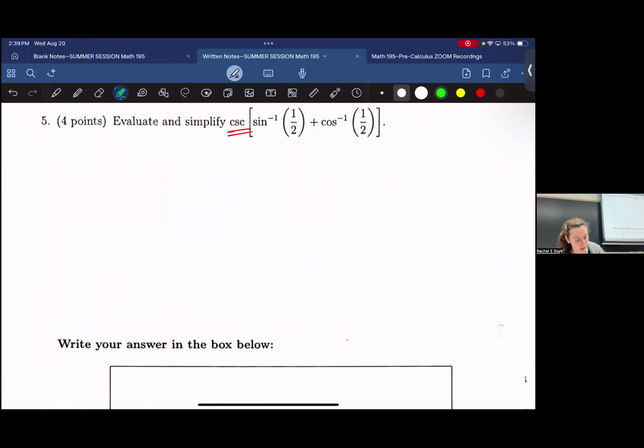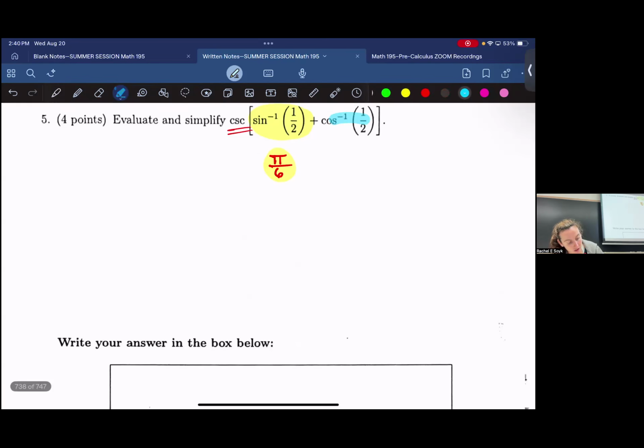Let's first hone in on maybe our inverse sine of 1/2, which is just telling us sine of what angle gives us 1/2, and that's just pi over 6, right? Sine of 30 degrees gives you that 1/2. And then we have our cosine inverse function.